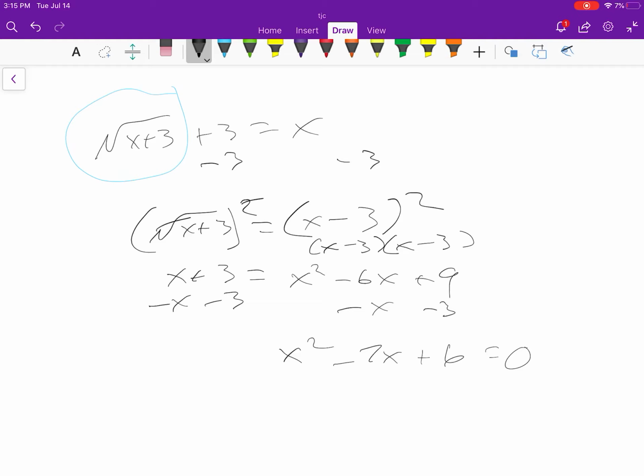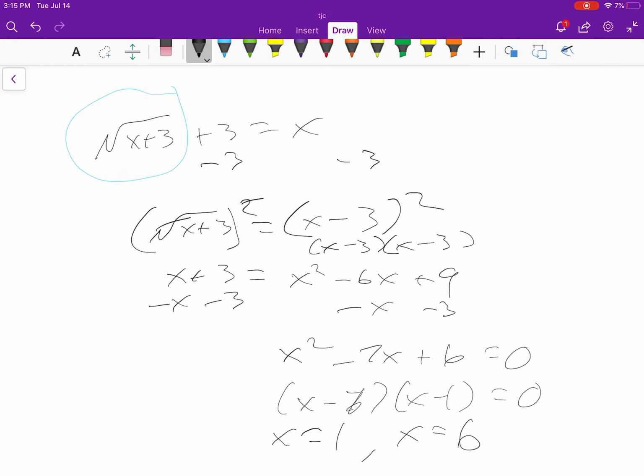This one we can actually factor because 6 times 1 is 6, and 6 and 1 add to 7, and they're both going to be negative. So this will factor into x minus 6, x minus 1 equals 0. And you're going to get solutions x equals 1 and x equals 6.